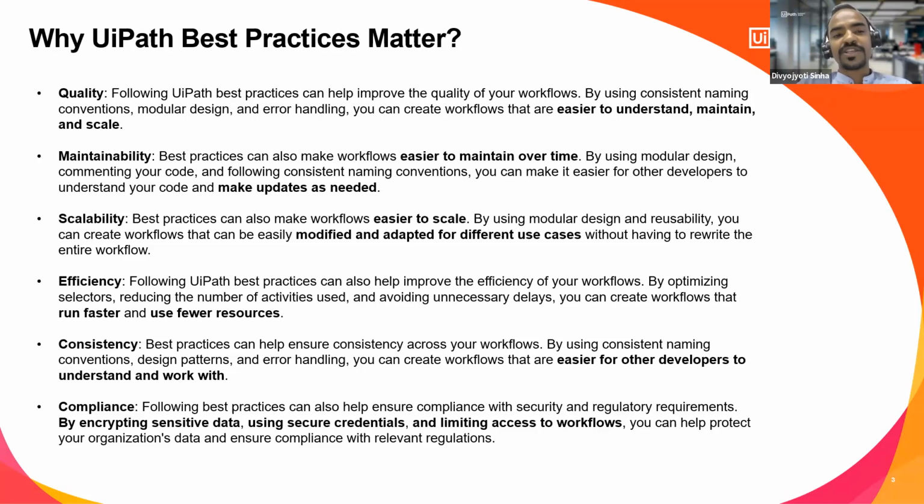So you need to optimize your workflow in a sense that all your selectors should be dynamic, and also the number of activities that you are building should be optimized, and it should not be memory heavy in terms of running the automations. And also you need to avoid unnecessary delays in your workflow so that your automation runs faster and uses fewer resources.